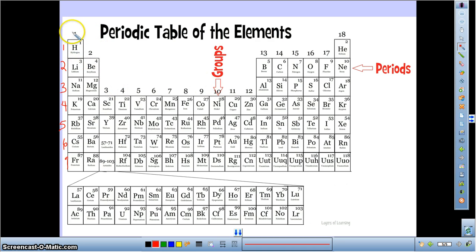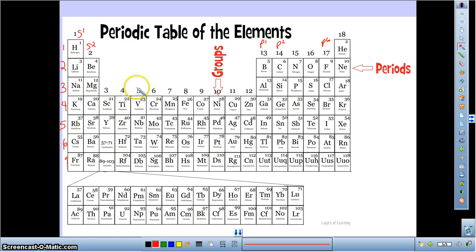So we have 1, 2. These are the S sublevels. This is S1, this is S2. We have 6, 1, 2, 3, 4, 5, 6 going from left to right over here. So these are our P sublevels that are being filled. So this is P1, P2, all the way up to P6.